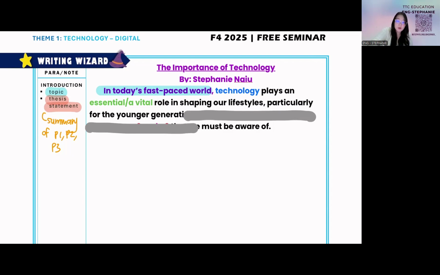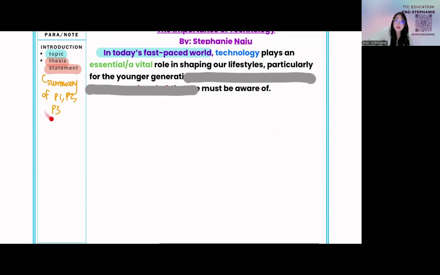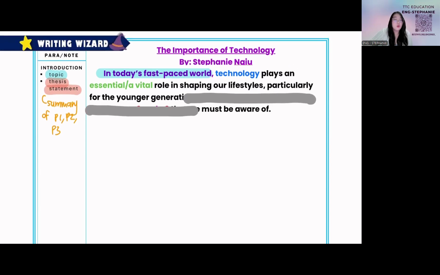Okay. Then the next thing you need is to give the summary of P1, P2, P3. What does that mean, teacher? It means that no matter what you do, you try to fit these 3 points: how technology affects our life, the advantages, the disadvantages, into one sentence. Okay, so this is what I do.